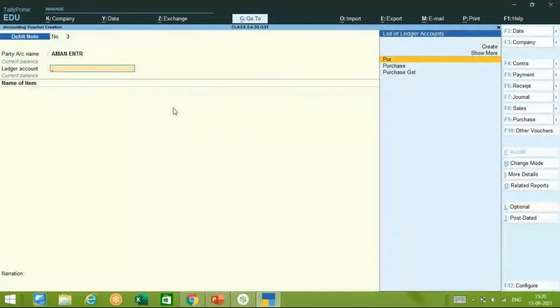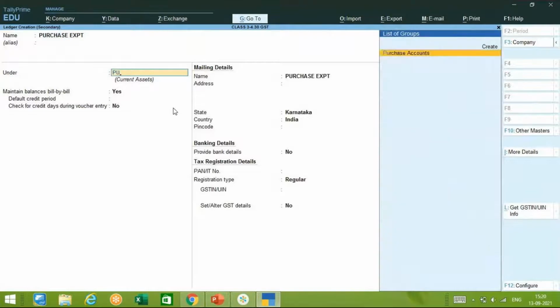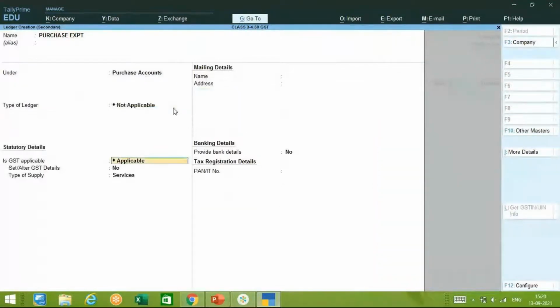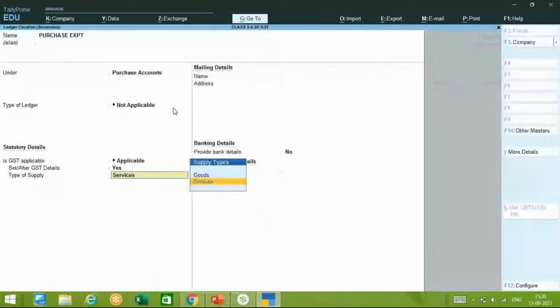Here, control A, change purchase exempted under purchase account, not applicable, go here, do yes, and here you have unknown, do that as exempted. I repeat, create a ledger of purchase exempted under purchase account. In the statutory details, is GST applicable? Say applicable. Set alter GST details.